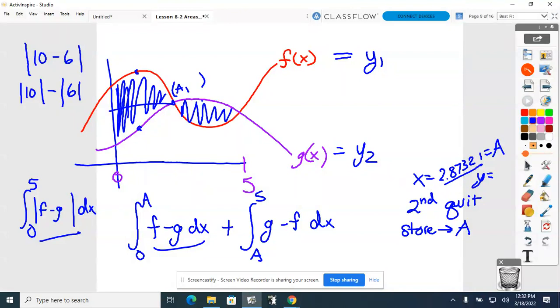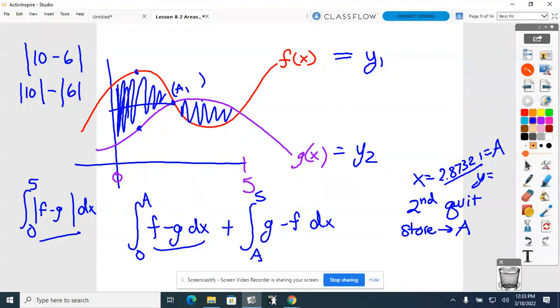Absolute value isn't a thing that we have a derivative or antiderivative of. I mean, the antiderivative of 1 over x is ln of the absolute value of x. There's an absolute value involved because we have to keep things positive, but not with derivatives.